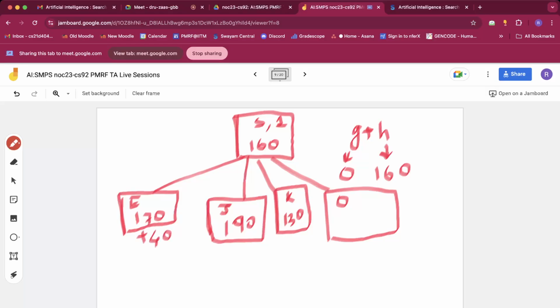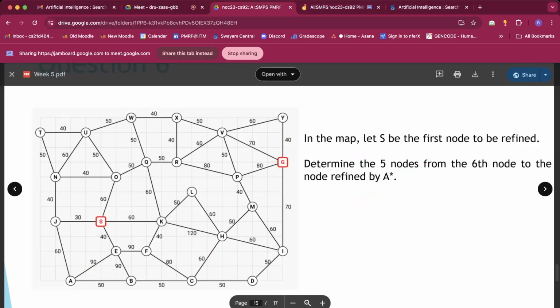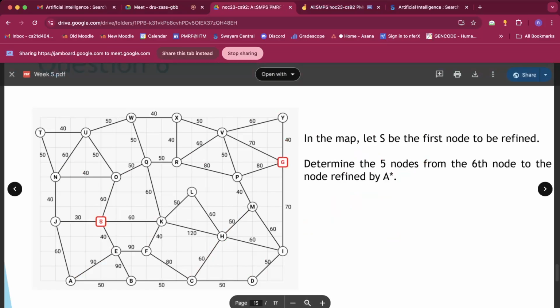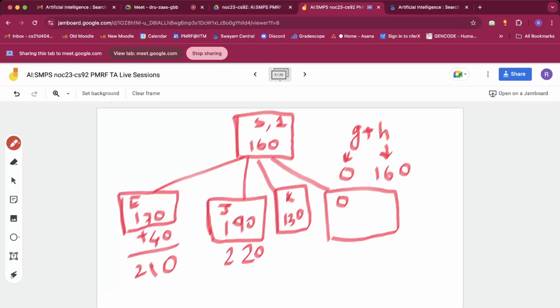Remember, we have to add G plus H. So the cost of E would be 210. And J would be 190 plus 30, which is 220. K would be 130 plus 50. Was it 50? No, K was 60. So that should have been 120 plus 60, which would give 180, and so on and so forth.